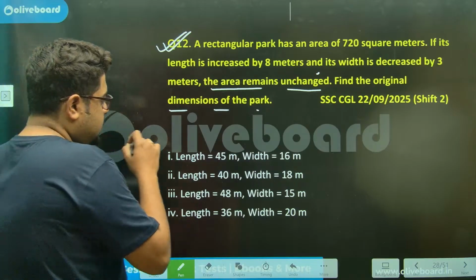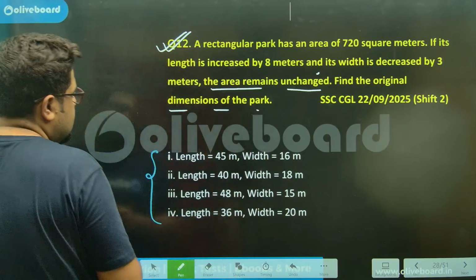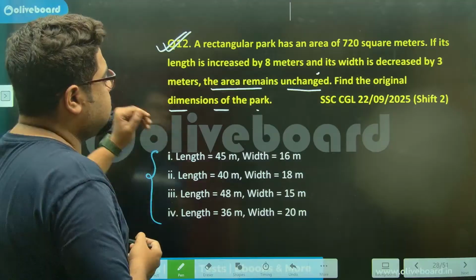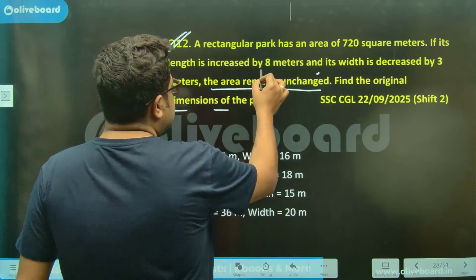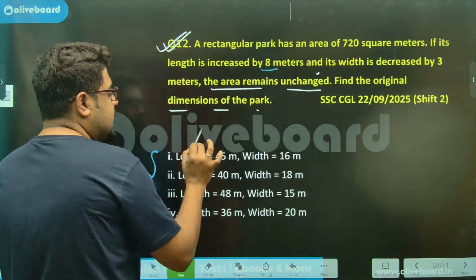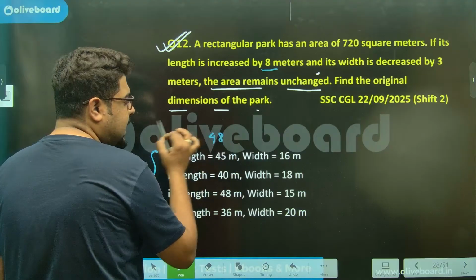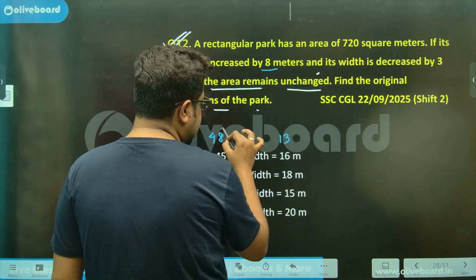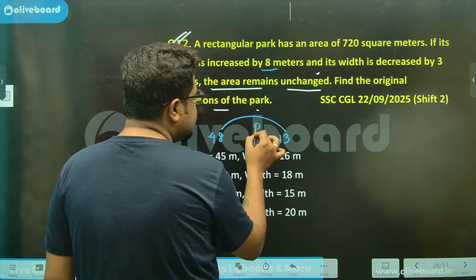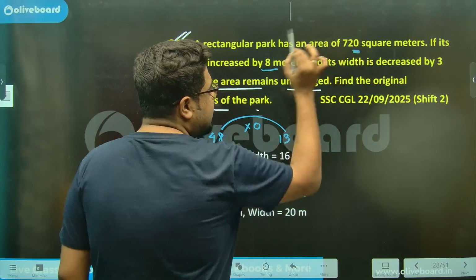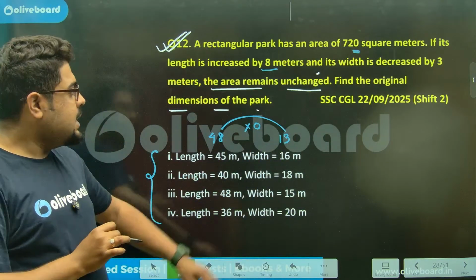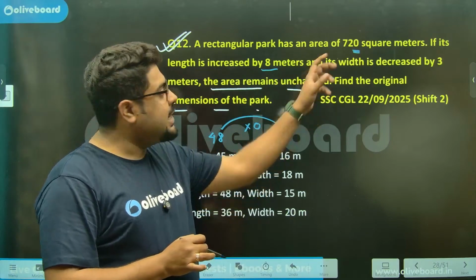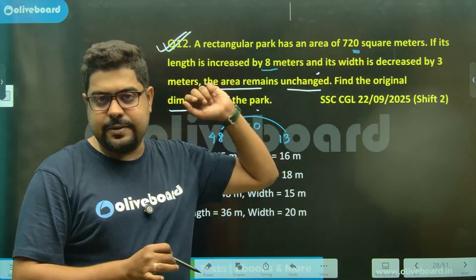Sir, 45 and 16. Increased by 8 means this is 48, and decreased by 3 means this is 13. 3 eights are not ending in 0. I'll just check the unit digit because the area remains unchanged, meaning area must remain 720.